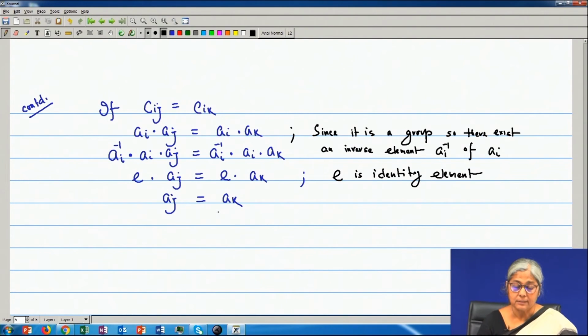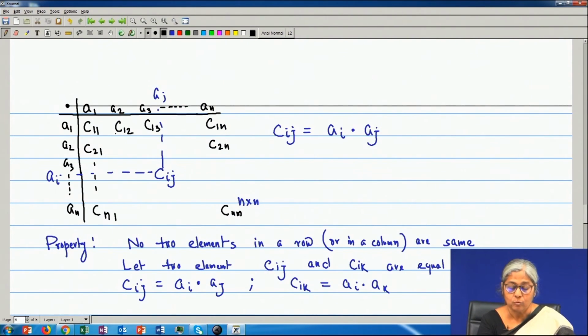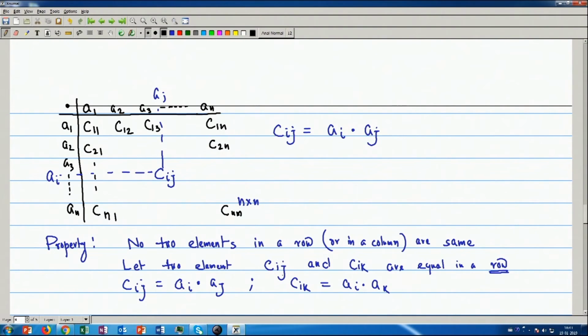Now, since it is a set, no two elements are the same, so Aj and Ak are not the same.